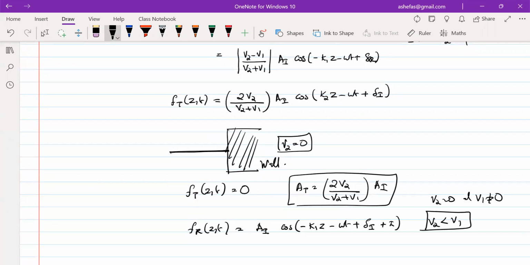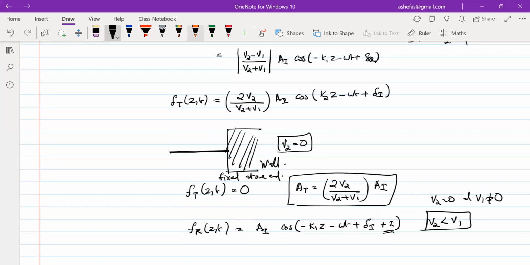So therefore, if the string is fixed at one end, okay, so this is a situation, it is fixed at one end, then the reflected wave will always have a phase flip. So there will be an extra phase difference of pi here.